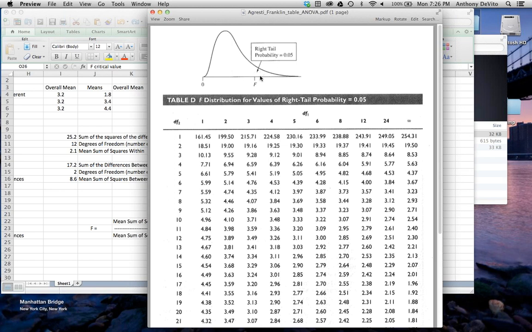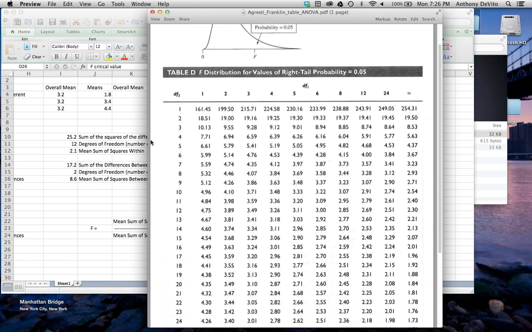In other words, you want F to be so big that there's less than a 5% chance that it would be that big and still be part of this distribution. So we want it far out enough that that area is less than 0.05. This is a one-tailed test. That's all you need because you're only looking for a bigger number. Okay, so we want F to be further out than this.